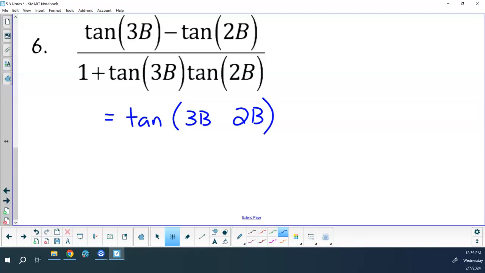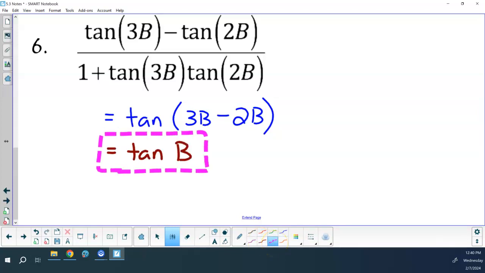Difference, because it matches on the top, is opposite on the bottom. That is difference. So this would be cotangent of B.